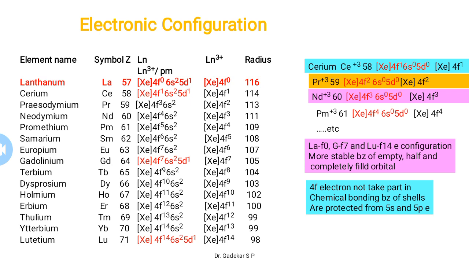Similarly, the second trivalent ion, praseodymium 3+, has the electronic configuration 4f2, 6s0, 5d0, meaning two electrons are present in the 4f orbitals.